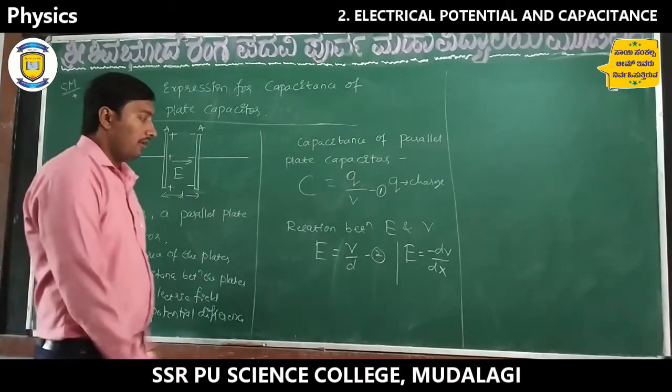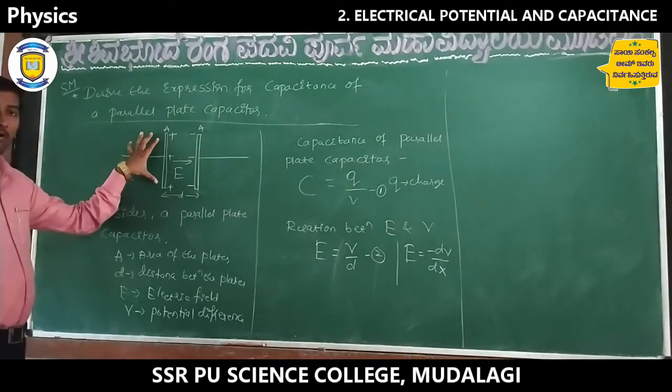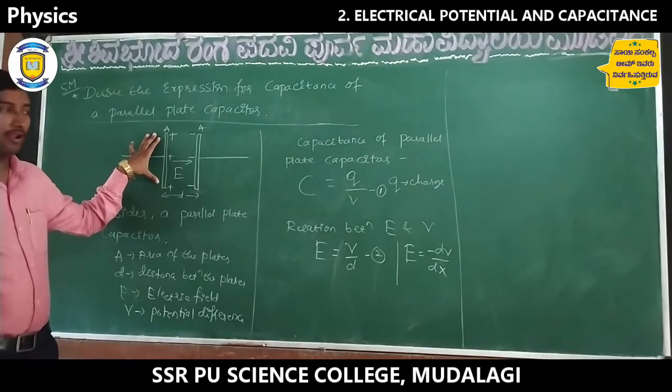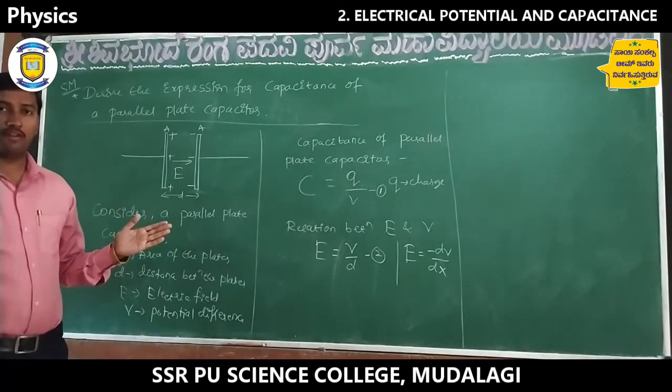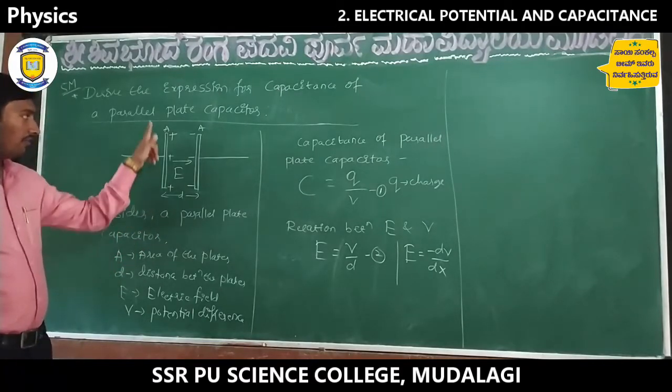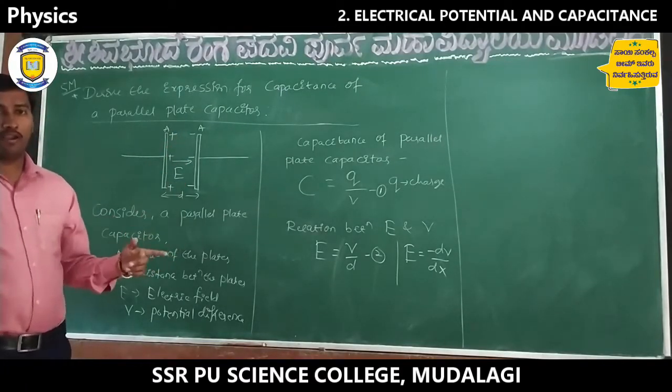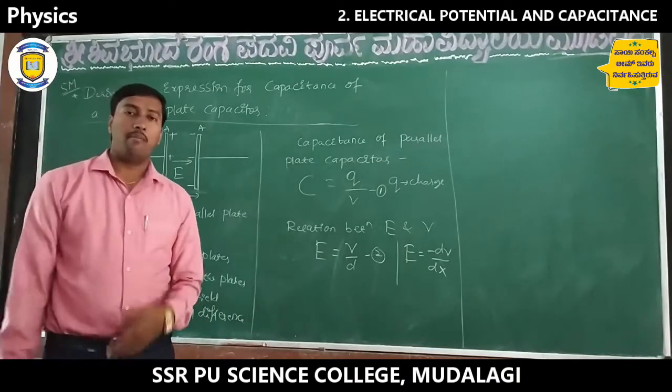Now the electric field due to a plate, which we derived in the previous chapter, is sigma by 2 epsilon naught.